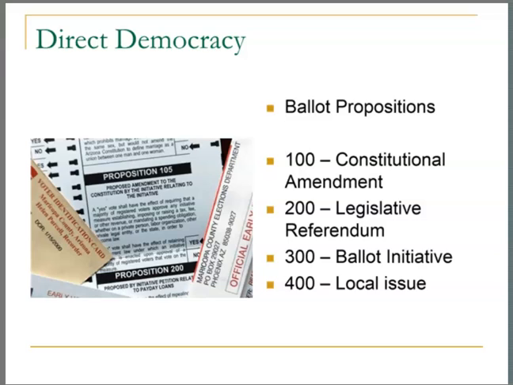So they signed the petitions and achieved enough signatures to be able to put it on the ballot. Now, if there's a 400 by the number, that means it's a local issue of some kind, typically bond elections, or perhaps a city or county will have an issue that needs to be addressed by the general voting public. So those numbers can help you understand where these propositions are coming from.